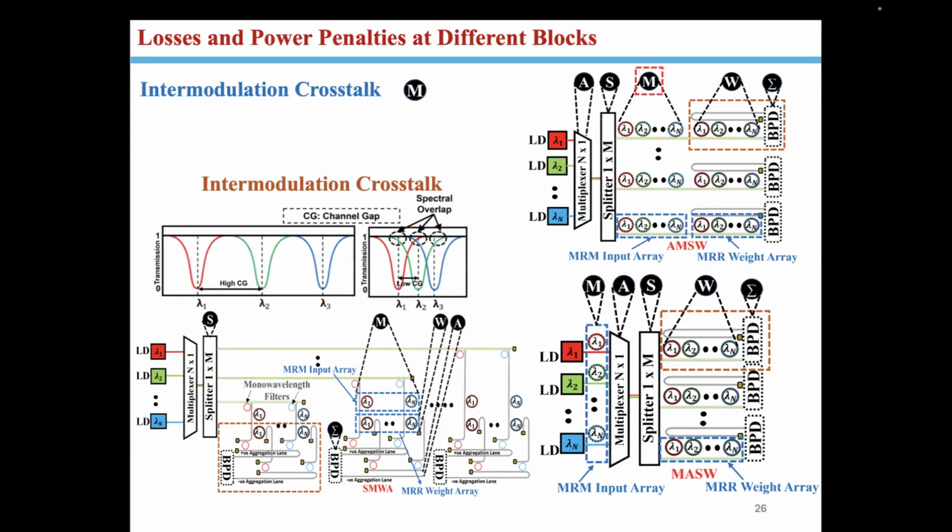If you talk about the power penalty, like intermodulation crosstalk, that would occur at the modulator banks, right? The crossweight penalty, of course, will occur at the weighting bank and so forth, right? But if you talk about this SMWA design, because of the spectrally hitless design, you don't have intermodulation crosstalk or crossweight penalty. But when you aggregate, you will have that filter penalty in this case.